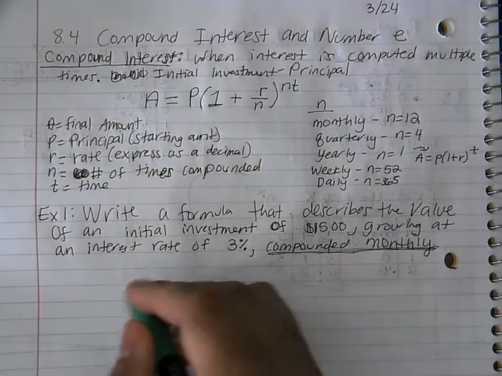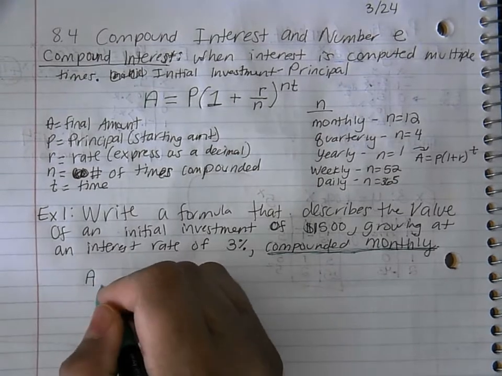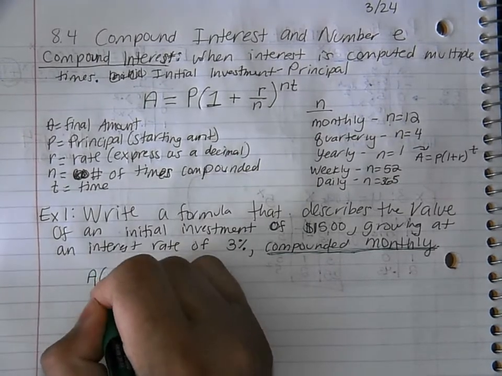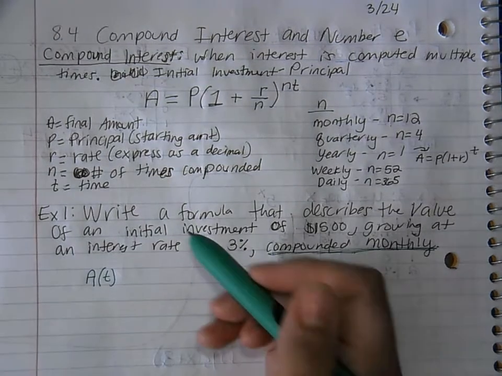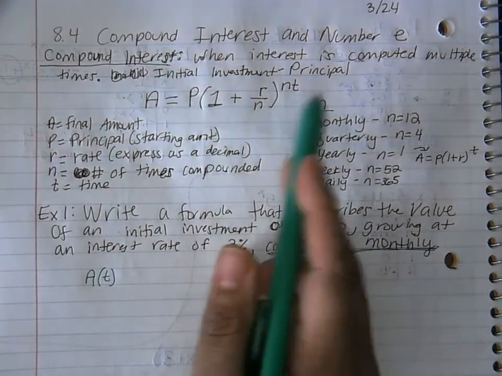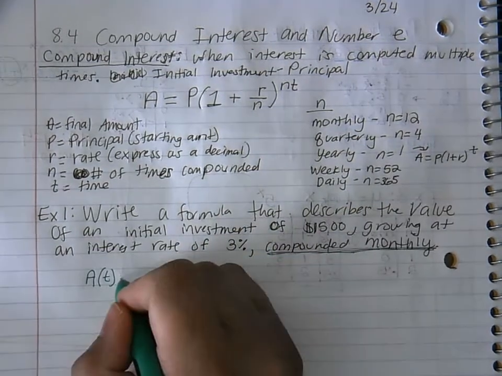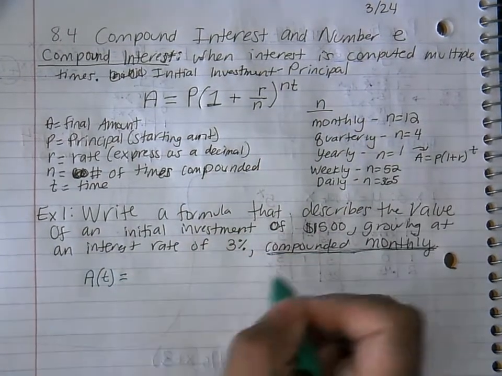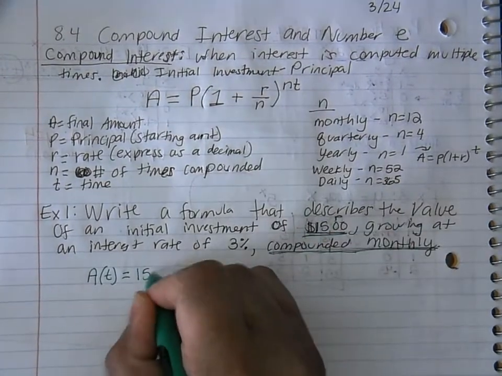So let's go ahead and write our equation. So it'd be A equals, sometimes the equations can be written like this, A of t, like a function, same thing, right? A equals, or A of t, because it's talking about that variable t, because we don't know the time here, so we're going to keep t as that t. This is my principal, P, the 1500.